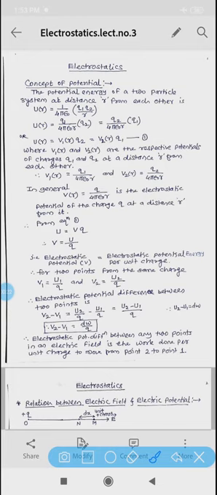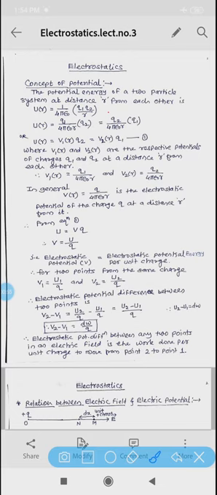In the second lecture we proved that the potential energy of the system containing two charges at a distance r from each other is given by U(r) equal to 1 upon 4 pi epsilon 0 q1 q2 upon r.